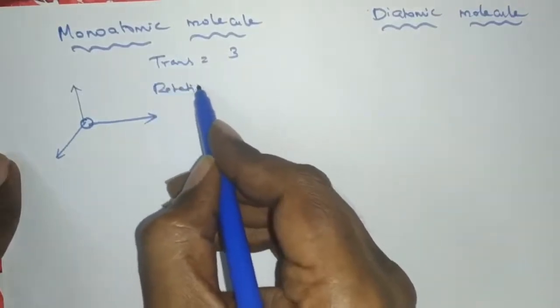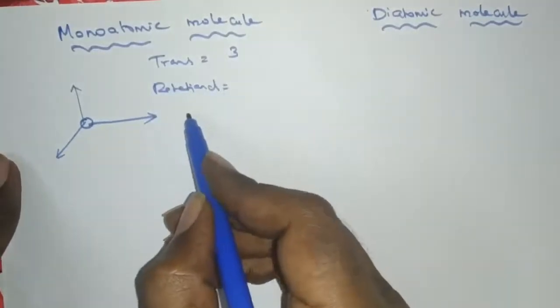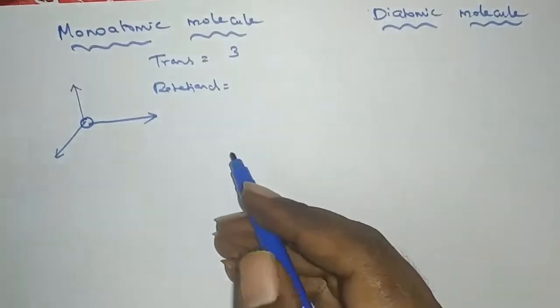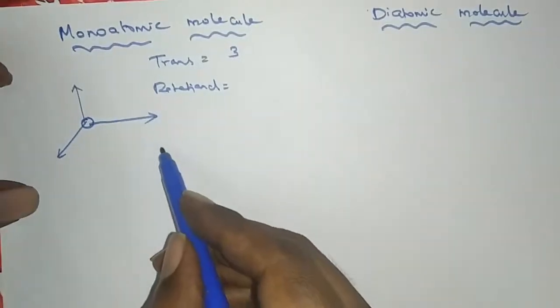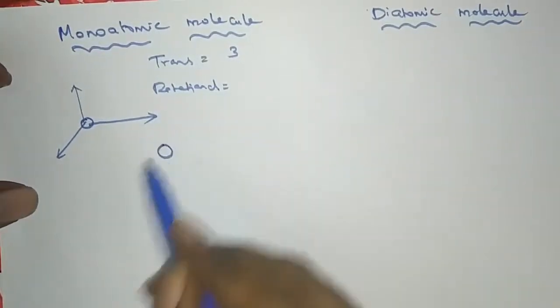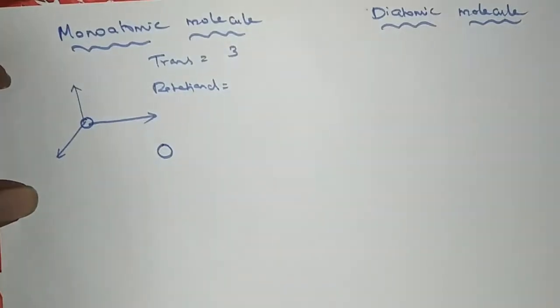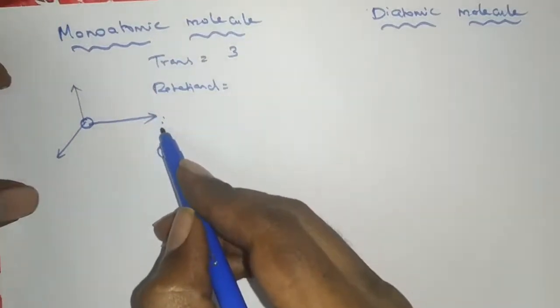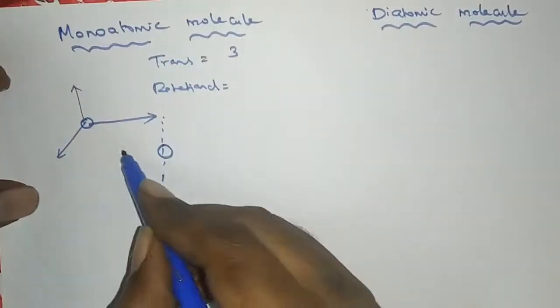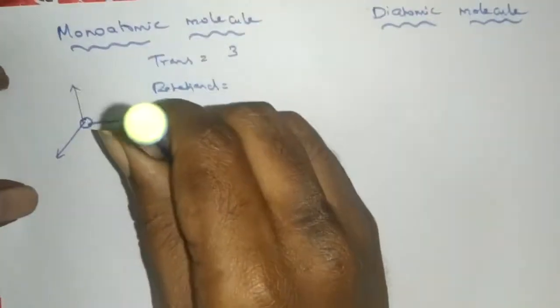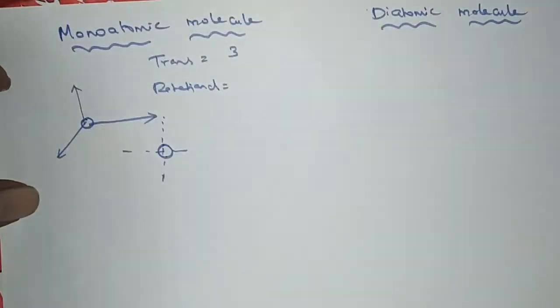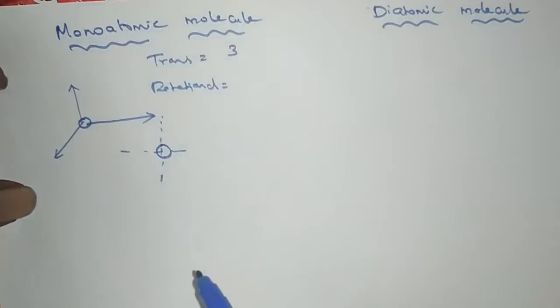And rotational, how much? And vibrational, how much? So for rotational, the molecule is like this. If you pass any imaginary axis through the atom and try to rotate about it, the molecule will not move from its place.